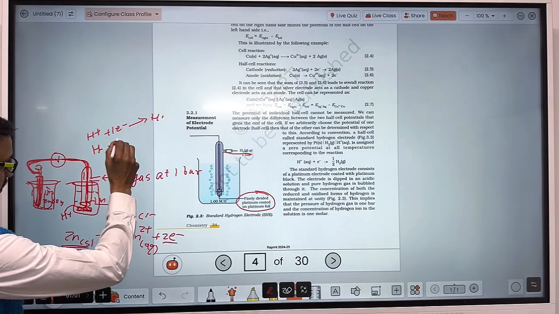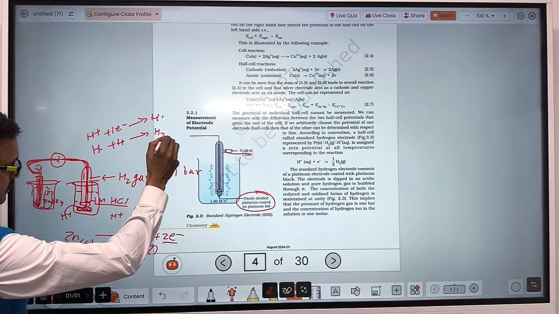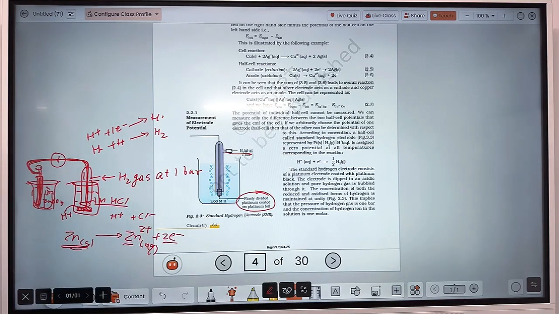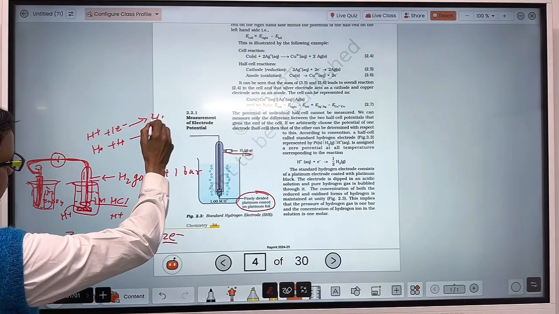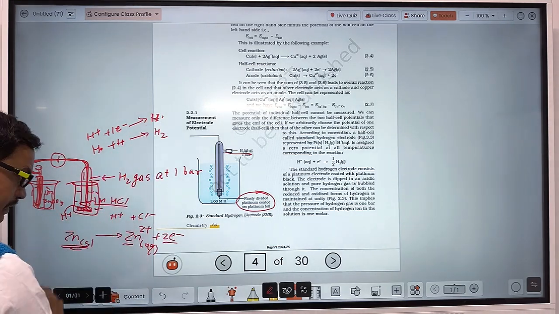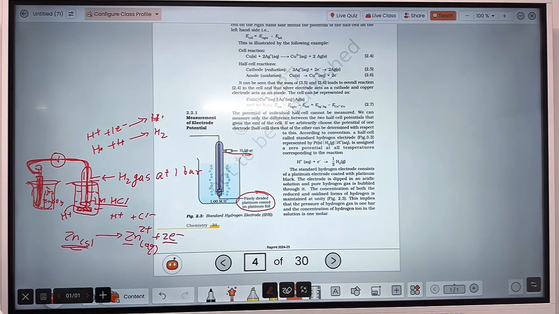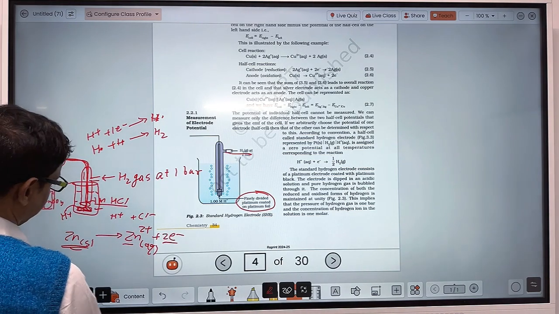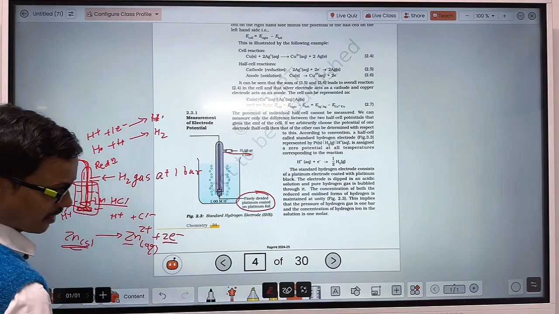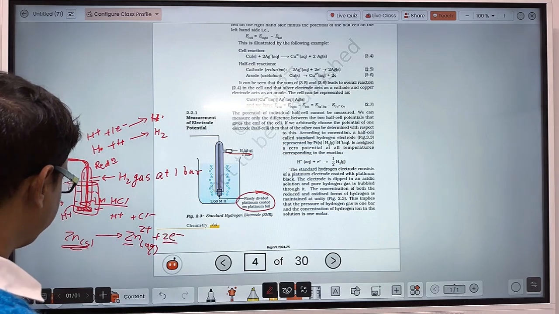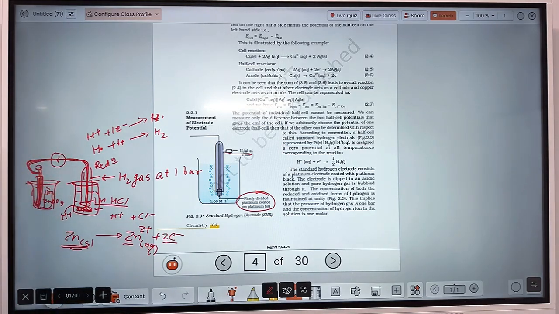The 2 hydrogen atoms will combine together and form H2. So the H plus ion has gained the electron. Here at the cathode there is gain of electron, so we can say that at the cathode reduction takes place, since gain of electron is considered reduction and loss of electron is considered oxidation. So at the anode oxidation takes place.